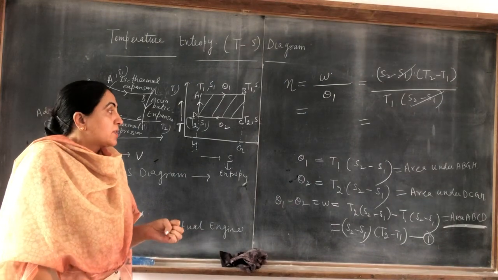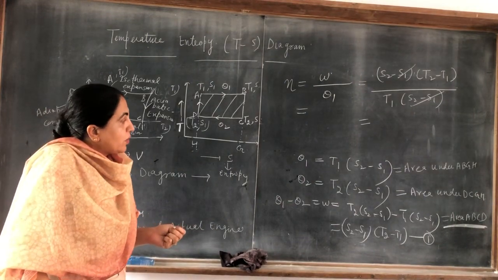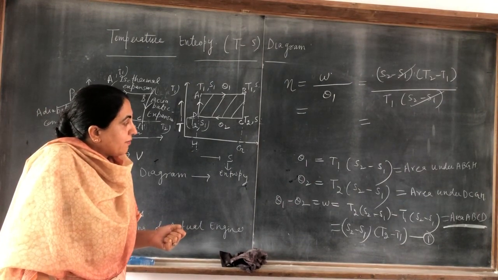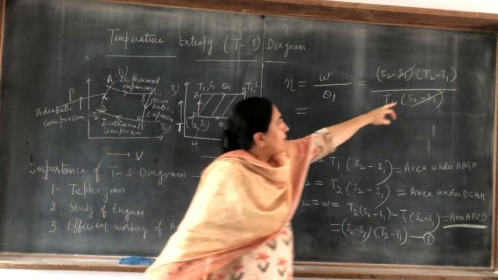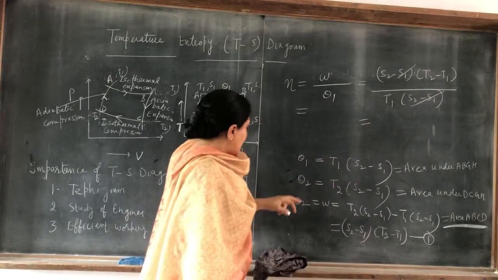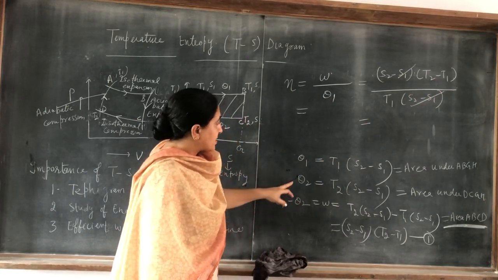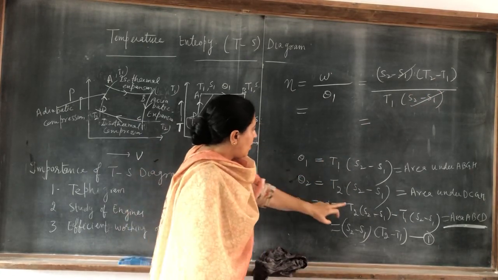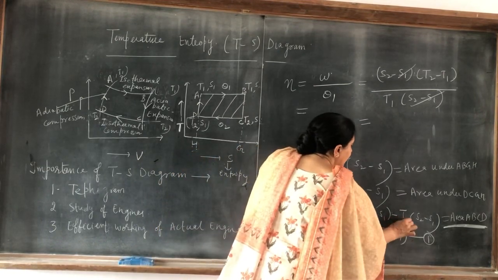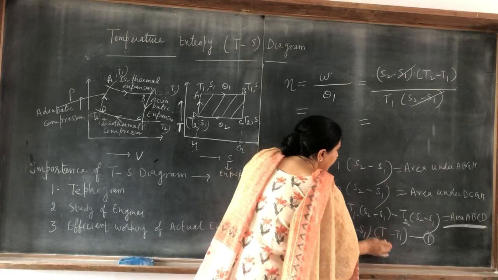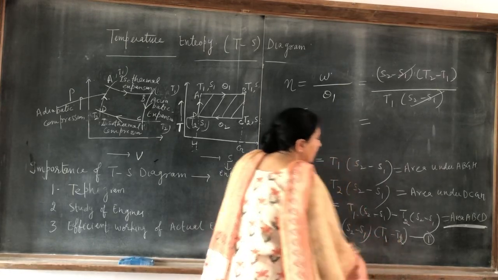So this is T2 minus T1. Here, because we want T1 minus T2, for Q1 we have to subtract Q2 from Q1. So first here will be T1, then here will be T2. So this will be T1 minus T2.